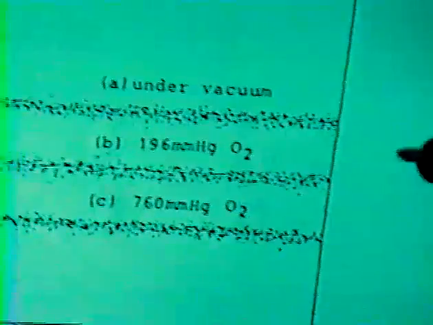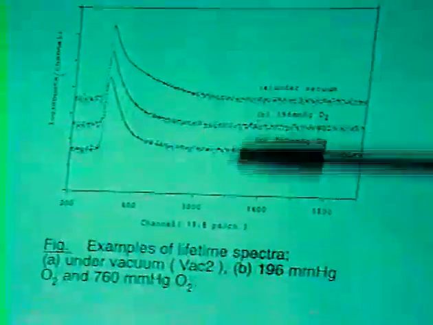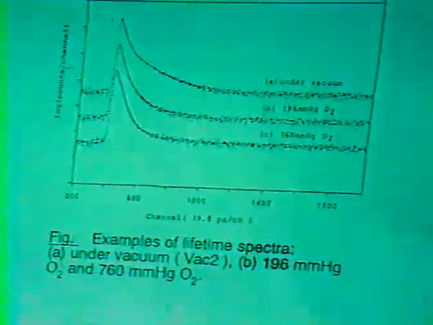When 1 bar of oxygen gas was introduced to the sample, an isotropic ACAR curve was obtained.